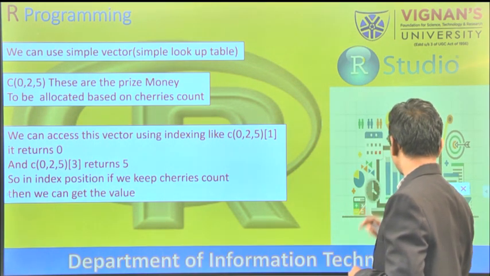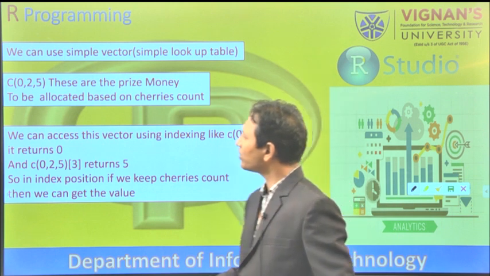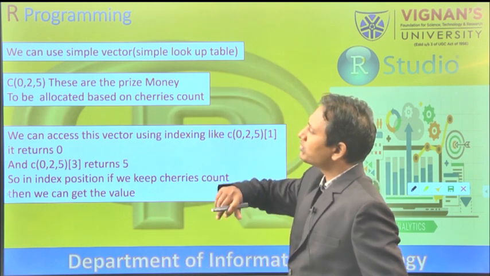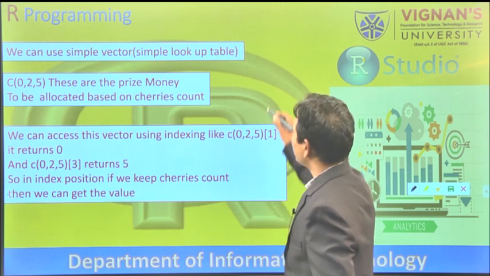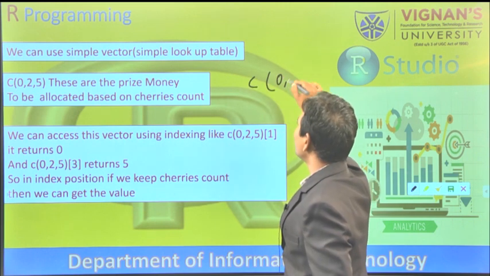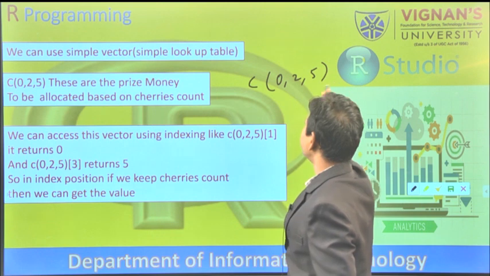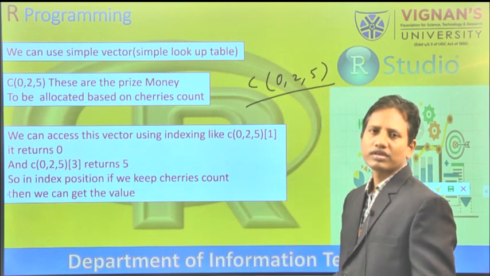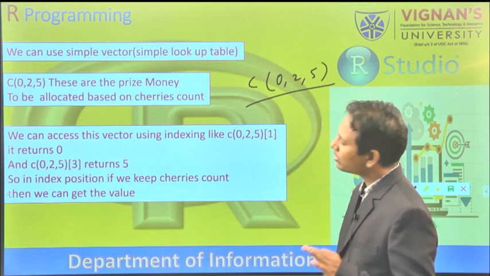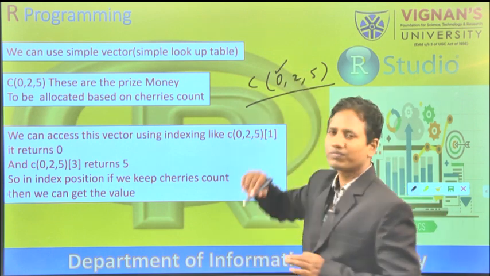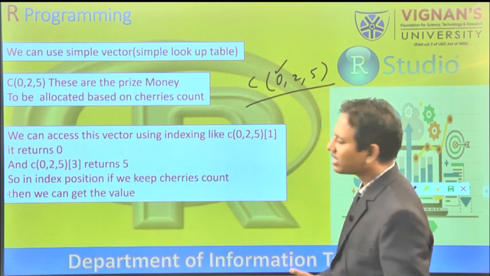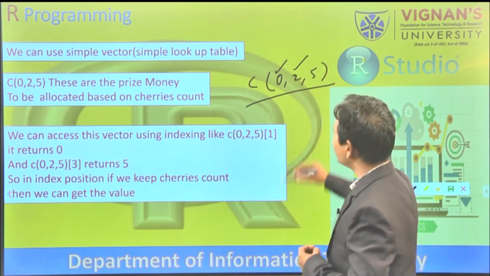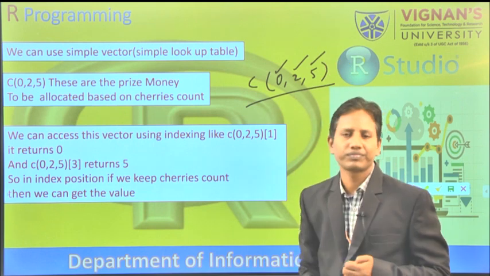So we'll put the same thing in another way. So here if we observe, we put the values in a vector, that is C of 0, 2, 5. What are these values? If cherries are 0, the amount will be 0. If 1 cherry, the amount will be 2. If 2 cherries, the amount will be 5.